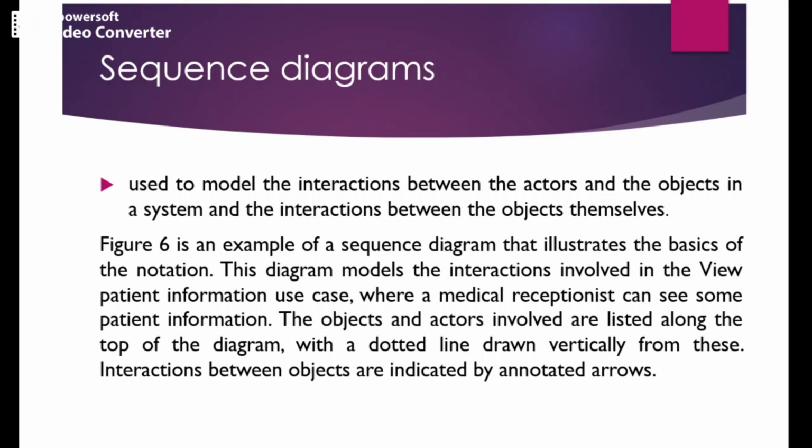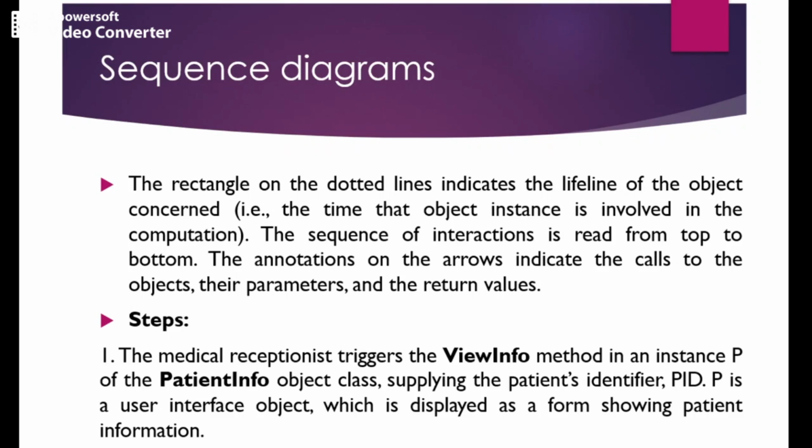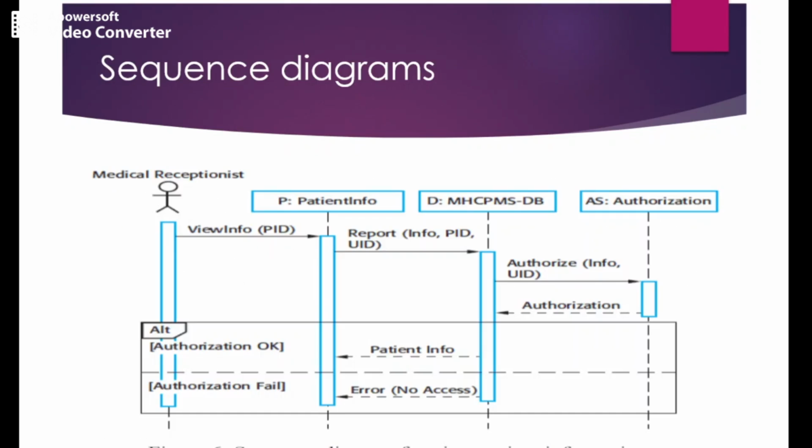Now let us see an example so that this sequence diagram will be clear for you. Here we have the figure, a sequence diagram for view patient information. So who can view the patient information? Only the medical receptionist.